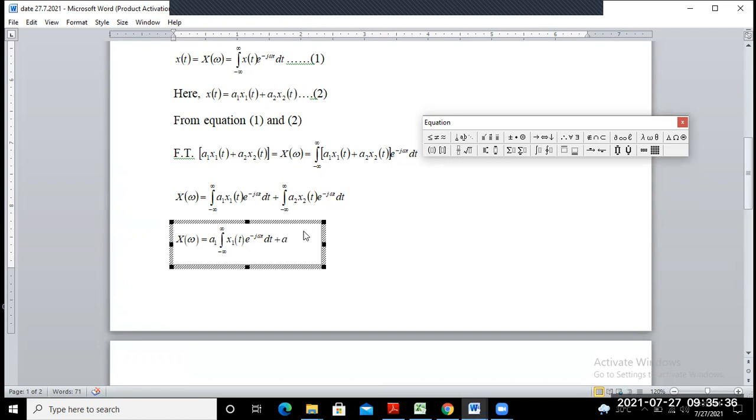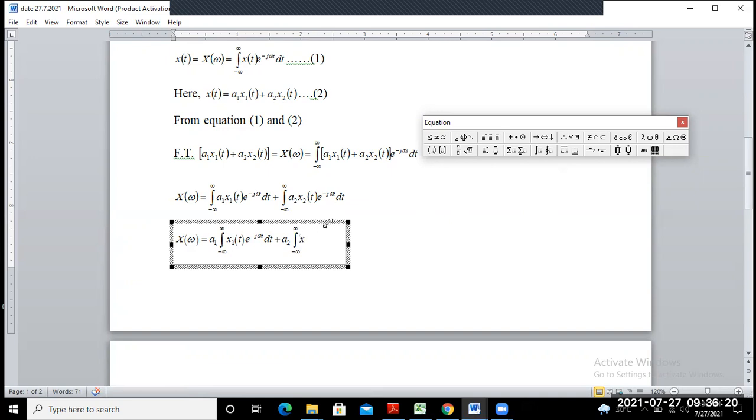That means a2 integration from minus infinity to infinity, and just write here the remaining element. That means a2 x2t e to the power minus j omega t dt.